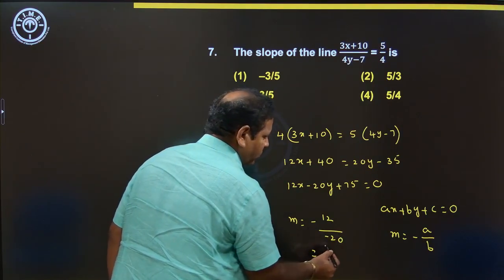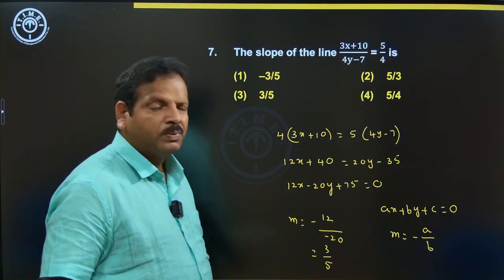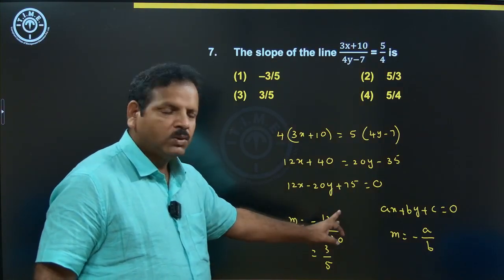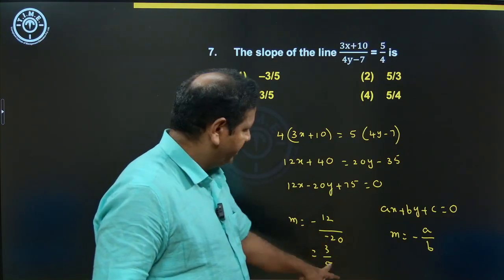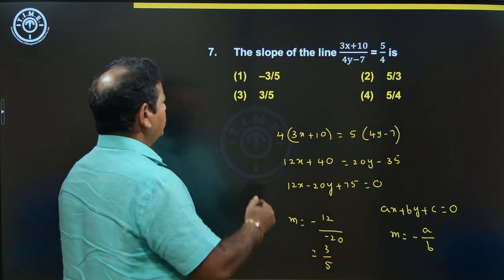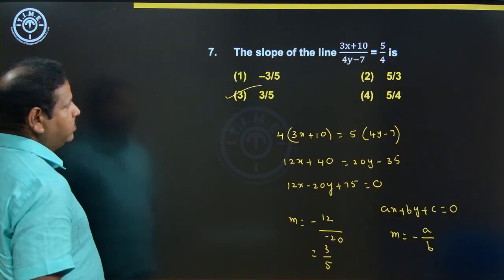Minus minus cancel, 4 3s, 4 5s. So what is the slope then? 3 by 5. Convert to standard form. Minus coefficient of x by coefficient of y, minus a by b. So 3 by 5. Which option is that? The third option is right. This is about the slope.